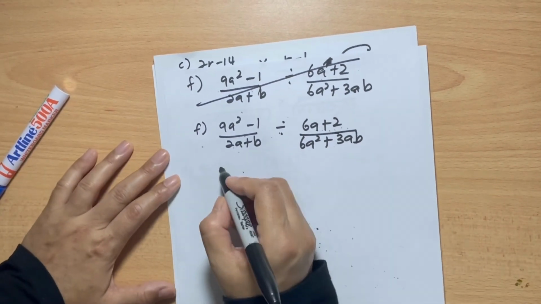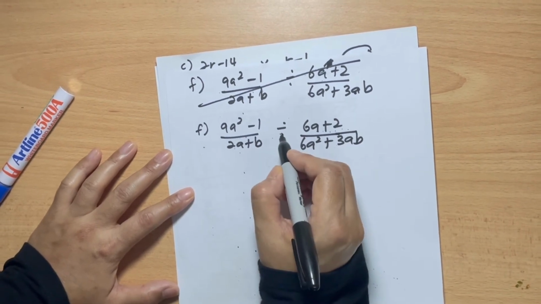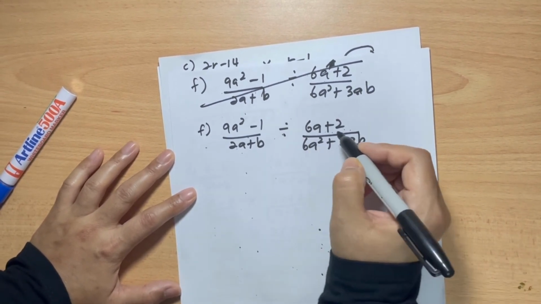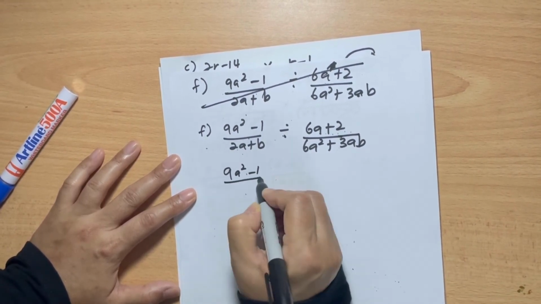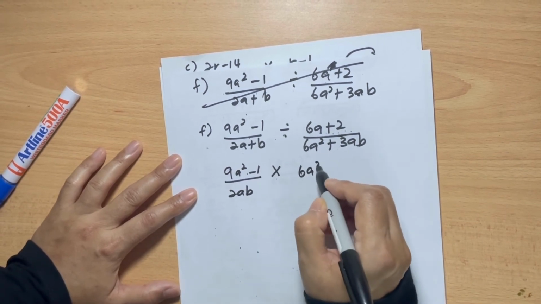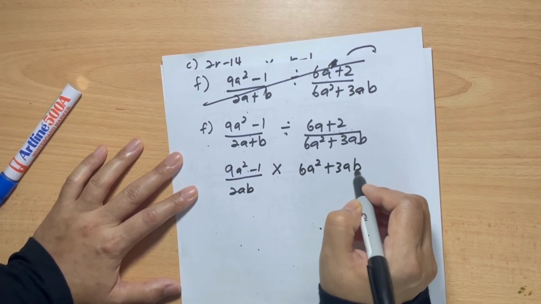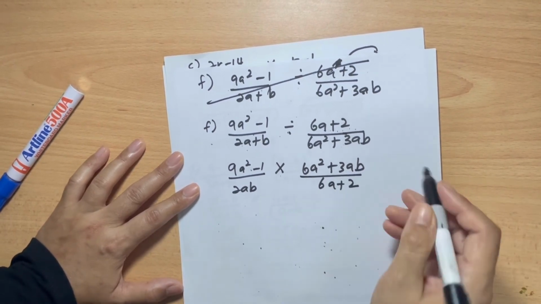Now, the same method, we change the division into multiplication. So 9A square minus 1 over 2AB times 6A square plus 3AB divided by 6A plus 2.